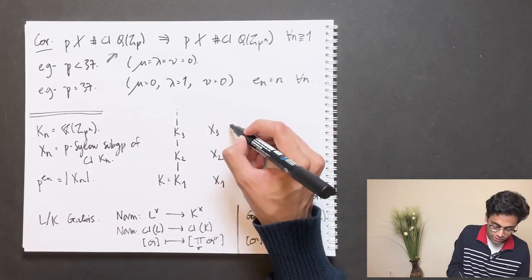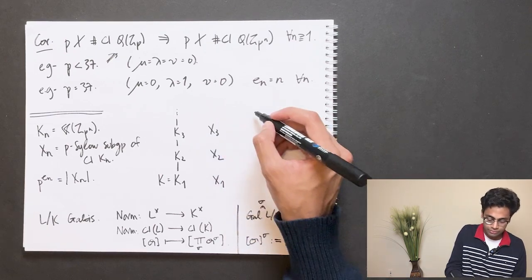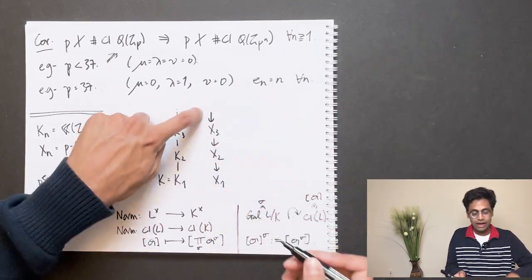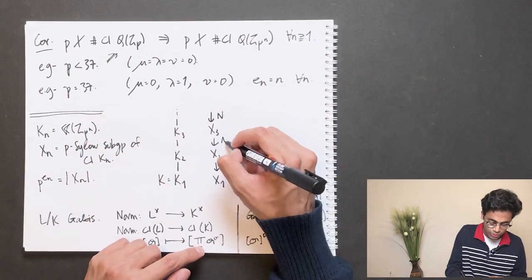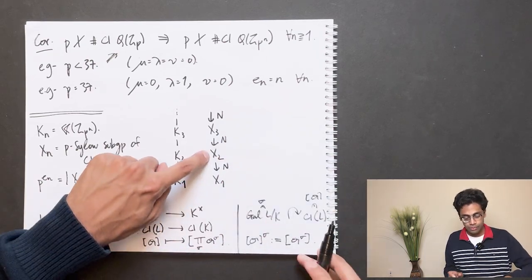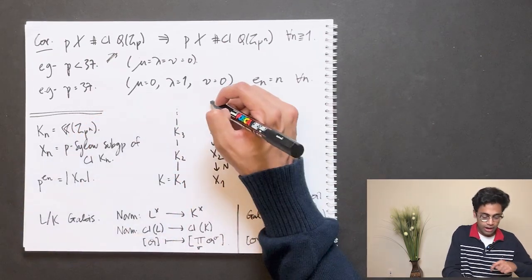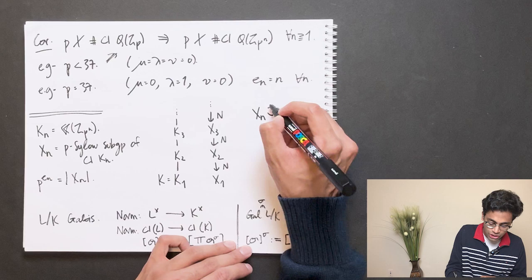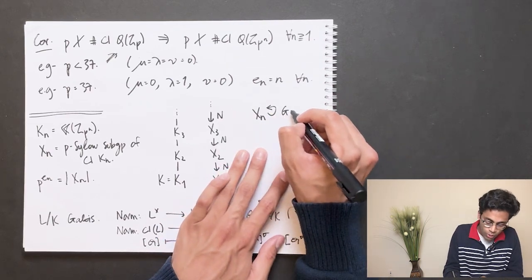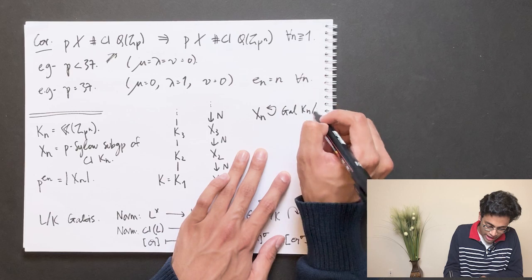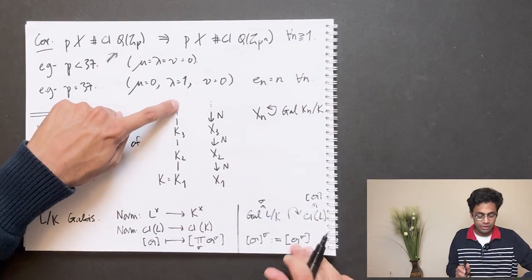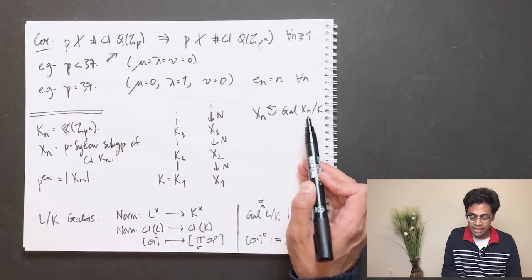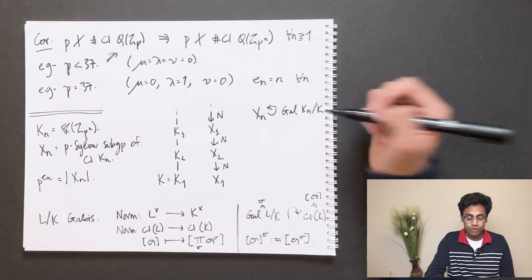So going down all the way here, we have the norm maps, which I'll just write as N. Norm from here to here, norm from here to here, and this sort of continues. And then Xn has an action of the Galois group of Kn over K. You might say, okay, Kn is Q(zeta_{p^n}), which is Galois over Q, in fact.